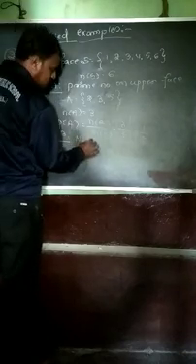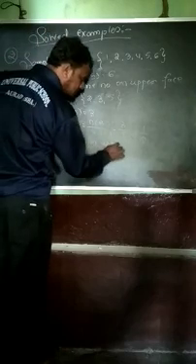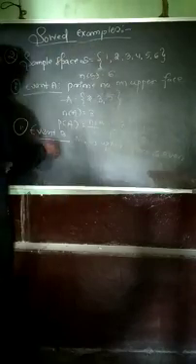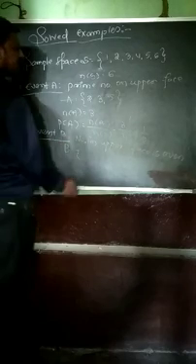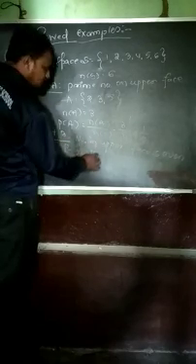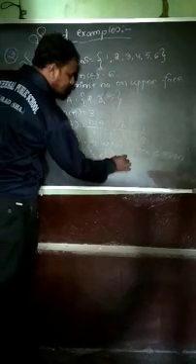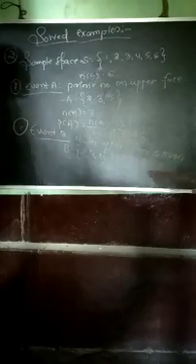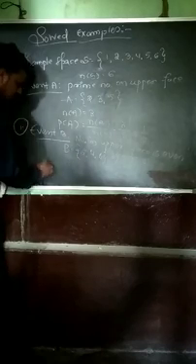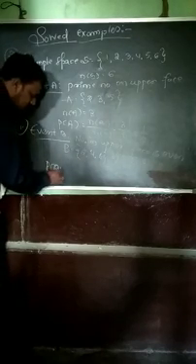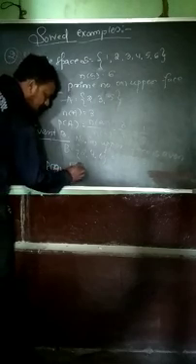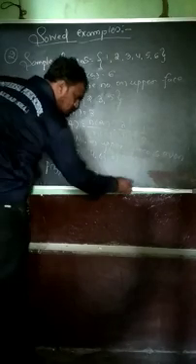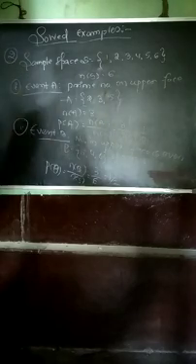So the probability and sample space of an event B is equal to even number. We write 2, 4, 6. Therefore, n of B is equal to 3. n of B means number of sample points in an event B. Then probability of an event B is equal to n of B divided by n of S, 3 divided by 6 is equal to 1 by 2. So we have to solve such problems.